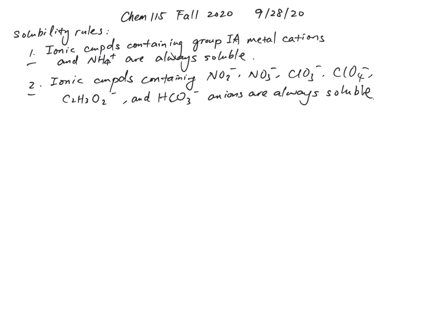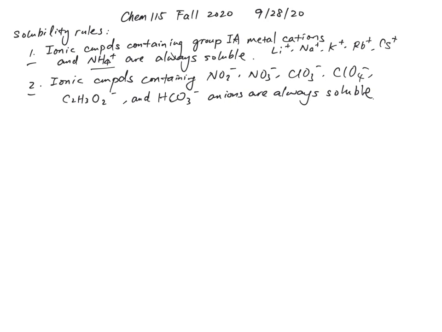Positive ions are the group 1A metal cations, so lithium, sodium, potassium, rubidium, and cesium, and ammonium. These 6 positive ions, no matter what kind of negative ion they're combined with.